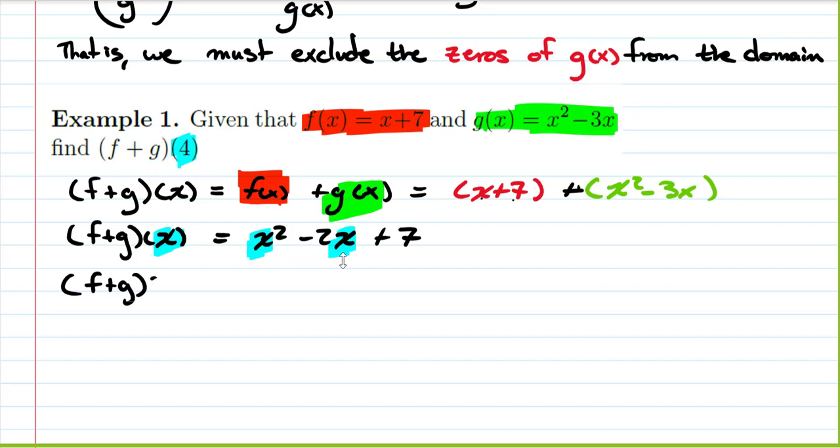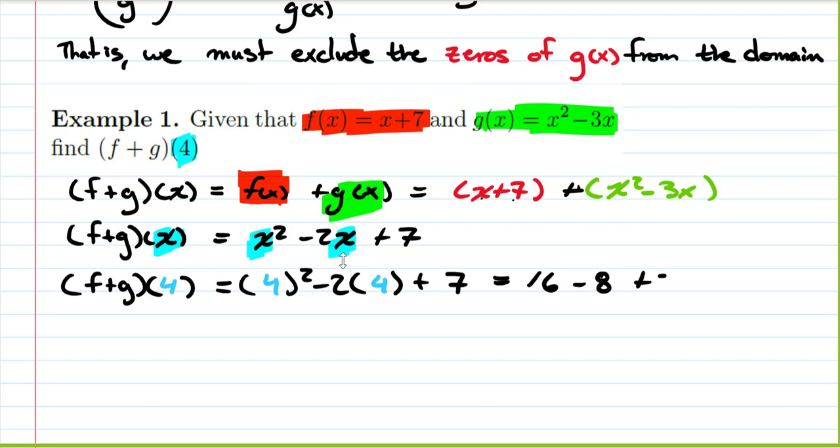So f plus g of 4 is going to be 4 squared minus 2 times 4 plus 7, which is 4 squared is 16. Negative 2 times 4 is negative 8 plus 7. So 16 minus 8 is 8. 8 plus 7 is 15. So f plus g of 4 is going to be 15.